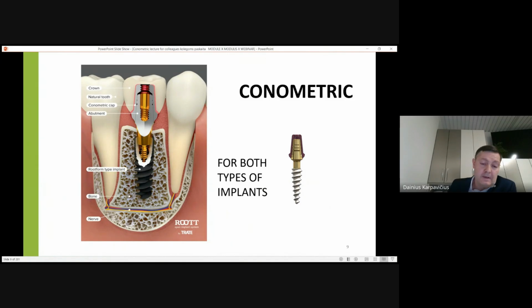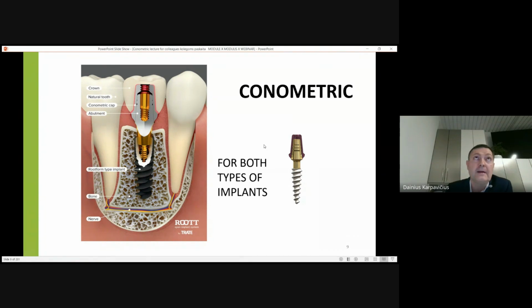And the fifth is conometric. Conometric is the method that we will describe today. We will share our information and knowledge about this type of fixation. As I said previously, as with all the previous types, conometric can be used for regular two-piece implants and monolithic implants as well.